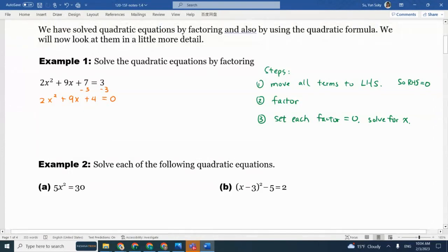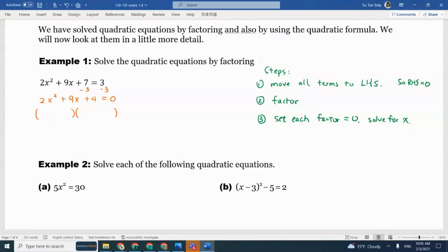Now, how do we factor? You might have learned several different ways of factoring. Please feel free to use your way, because as long as you get the right answer, that's perfect.